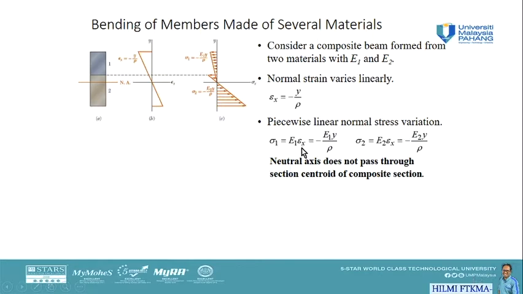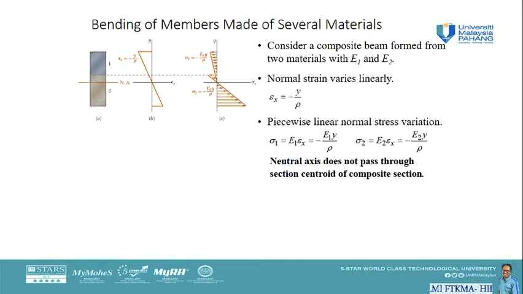If we replace with the previous equation, we get sigma 1 equal to negative E1 times y over rho. Similarly, the stress in the second material is sigma 2 equal to E2 times epsilon x, which is also equal to negative E2 y over rho.